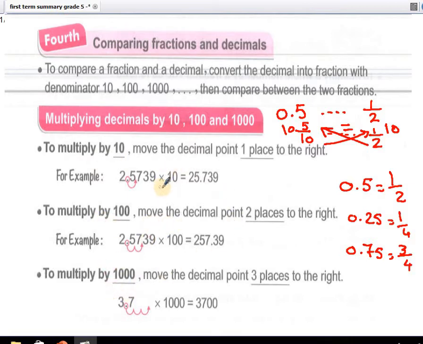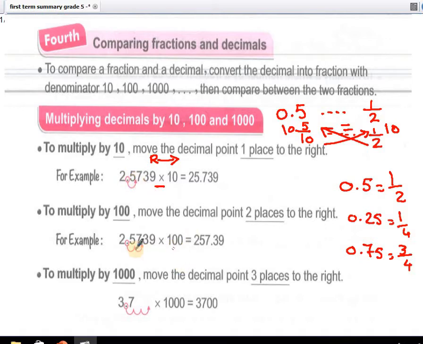First of all, I have to look at the sign. This sign is multiply, so I'm gonna go to the right. Okay, go to the right, and here then I'm looking at the number. This is 10, and this is 100, and this is 1000. When it's 10, I have to go one step to the right.